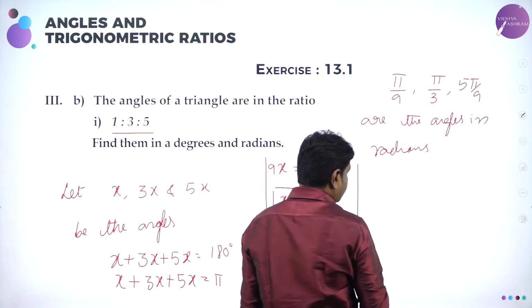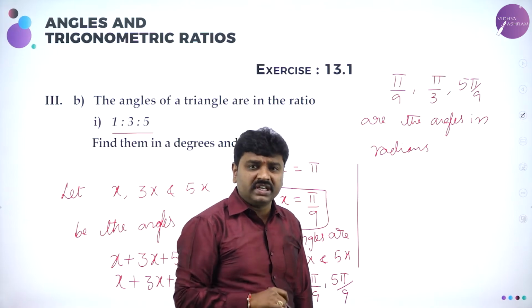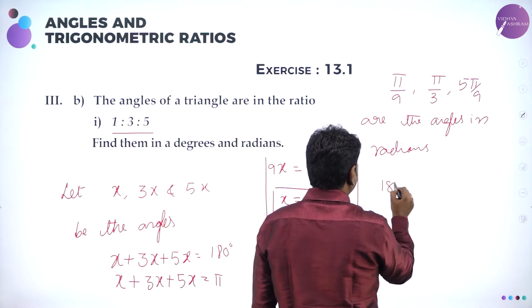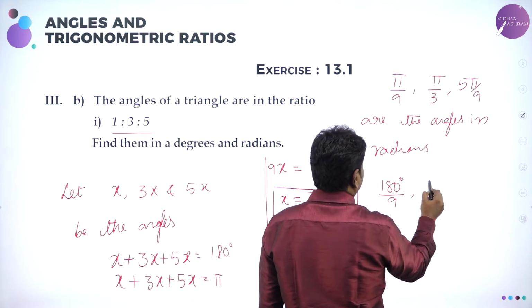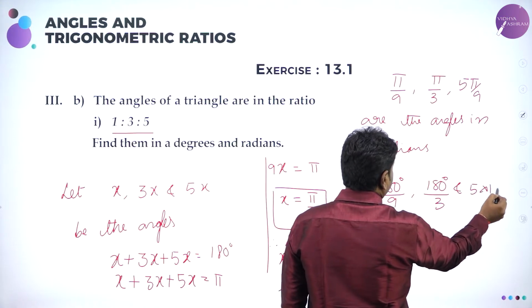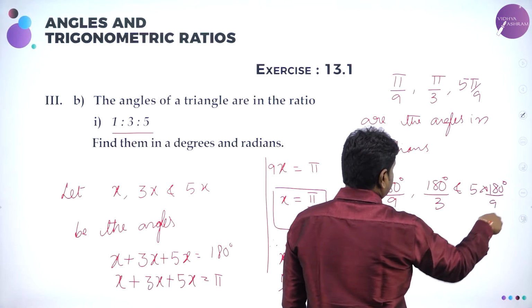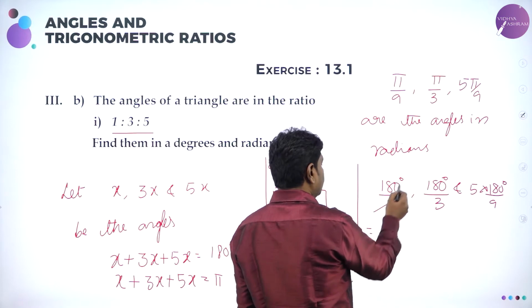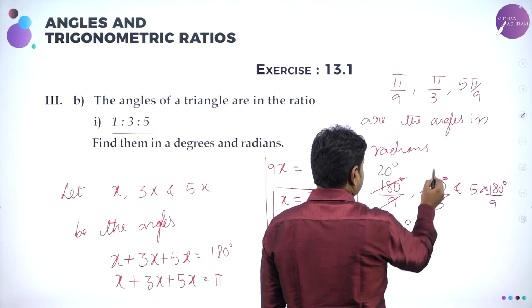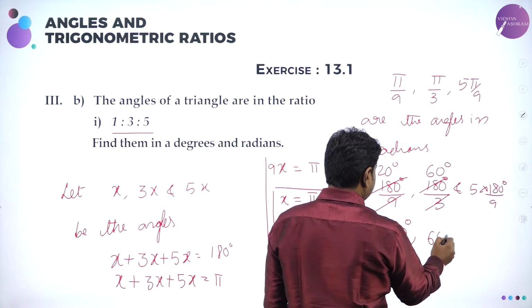In degrees, if you want, you convert them. Pi means 180, so 180 by 9, 180 by 3 and 5 times 180 by 9 are the degrees. 9 twos are 18, so one is 20 degrees. 180 by 3 is 60 degrees.